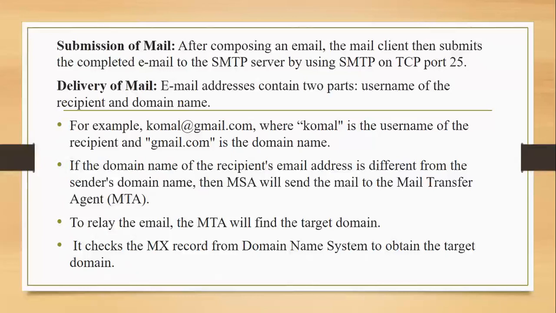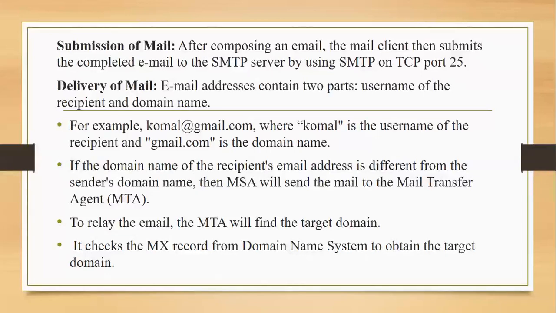But if the domain name of the recipient email address is different from the sender's domain, then the MSA will send the mail to the MTA. To relay the email, the MTA will find the target domain. It means if I want to mail from my email ID komal@gmail.com to komal@yahoo.com, now both domain names are different.